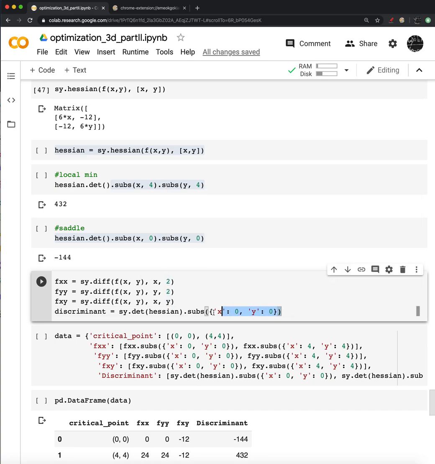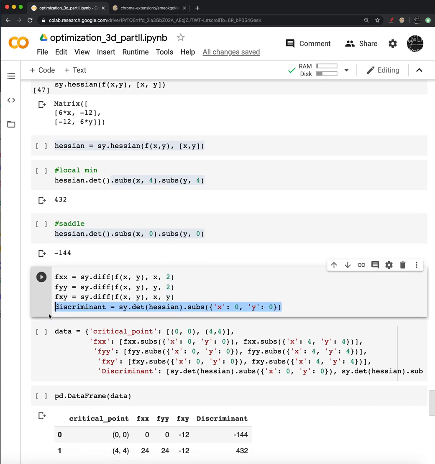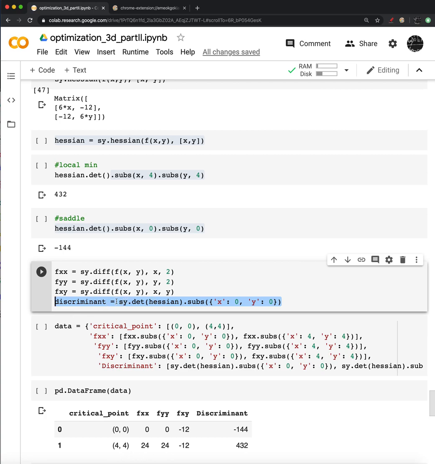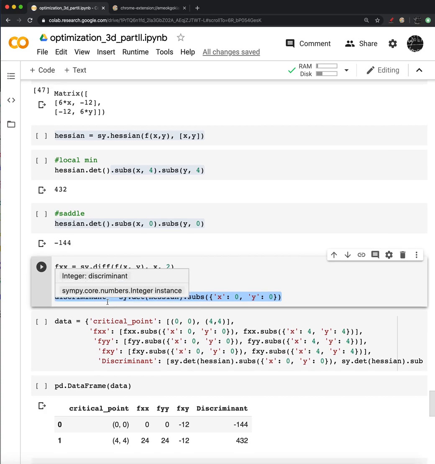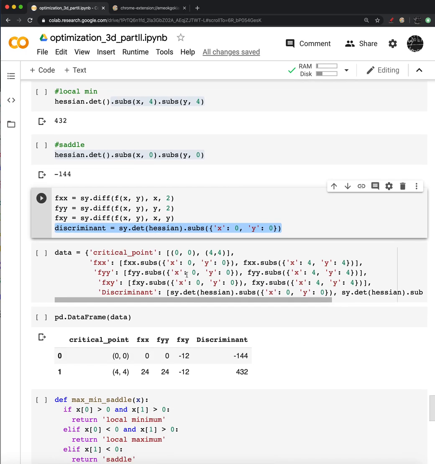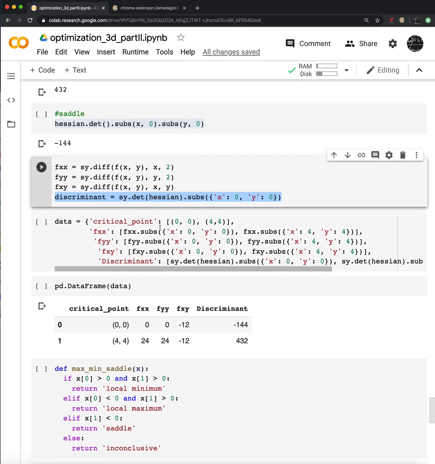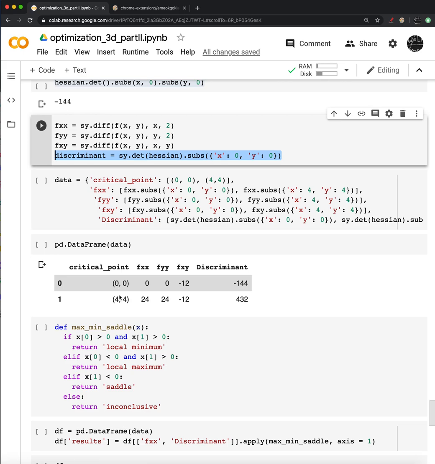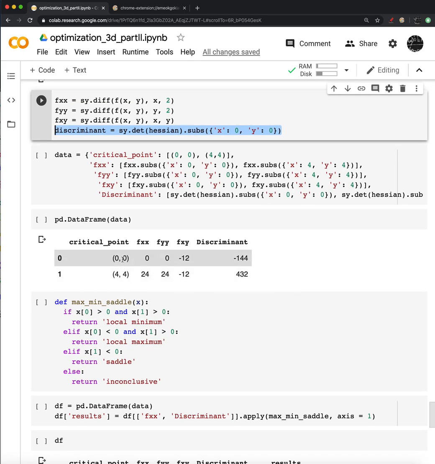And this is just my determinant of the Hessian, the discriminant. And then I can organize this stuff in a table, and now I see the same kind of thing, right? Here's my critical point, fxx, fyy, fxy, my discriminant.